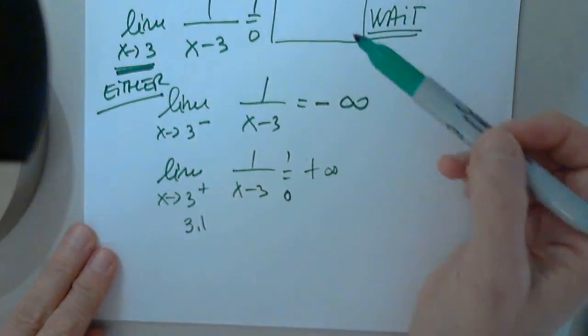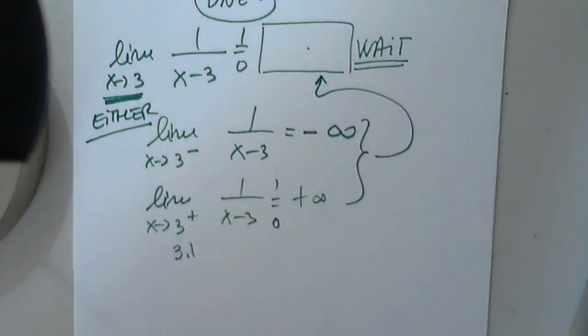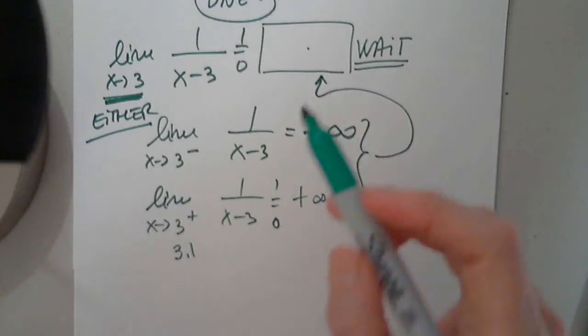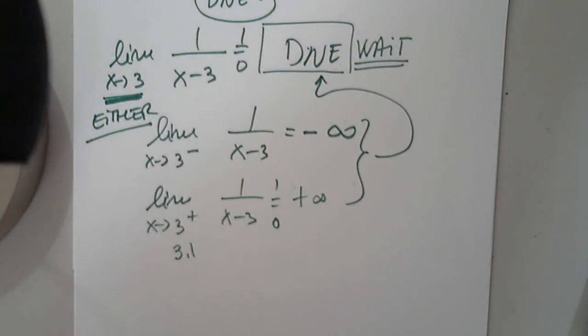And now, only now, I can conclude here. What is my conclusion? Doesn't exist. Absolutely. DNE. Yes. Only now I can conclude DNE. Good question. I know it was a long answer, I'm sorry.